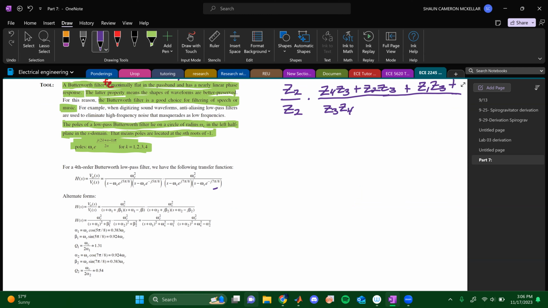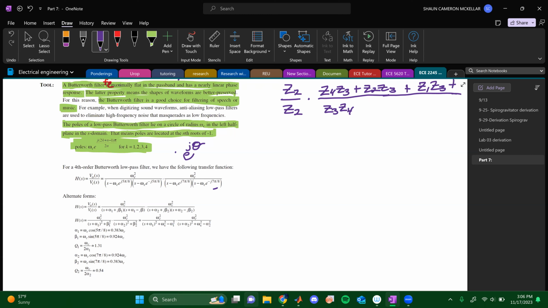And real quick, this equation's great, but the way that I kind of think of it is that the poles are going to be located at e to the j theta. So there's going to be multiple theta values for the poles, and they'll have some radius.